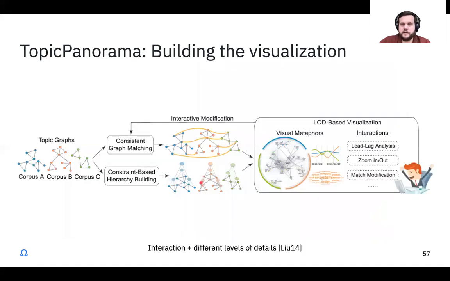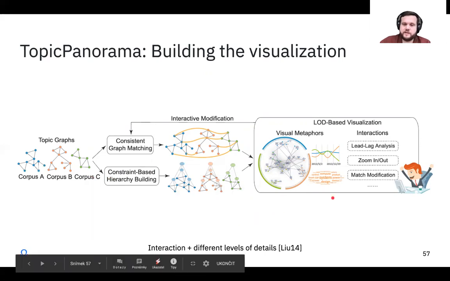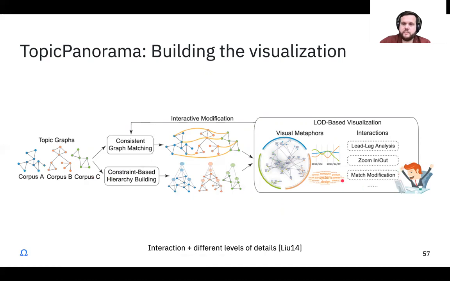And here this is a bit more detailed, what I have just talked about. Basically we have interaction plus different levels of detail, with also this slightly cheesy clip art. We visualize everything and then combine.